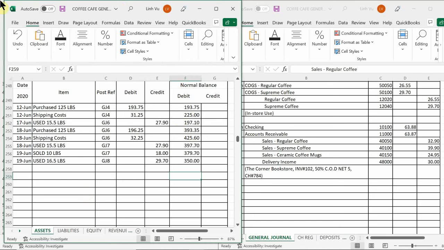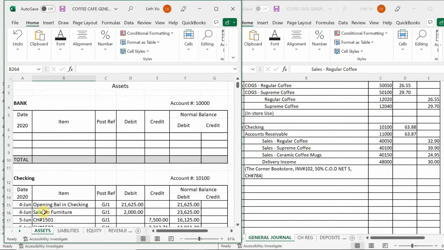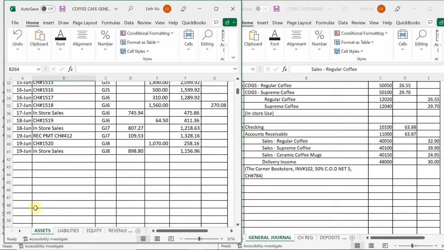So which account are we going to go first? Checking. For how much? 63.88.